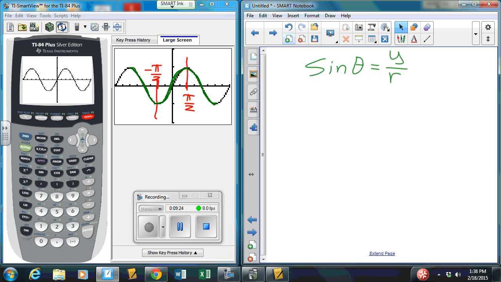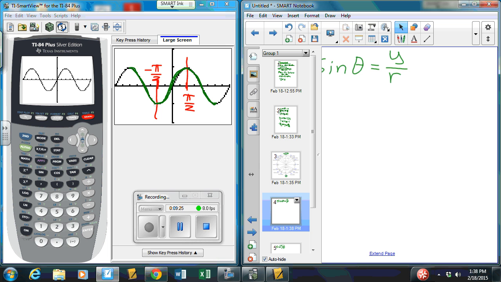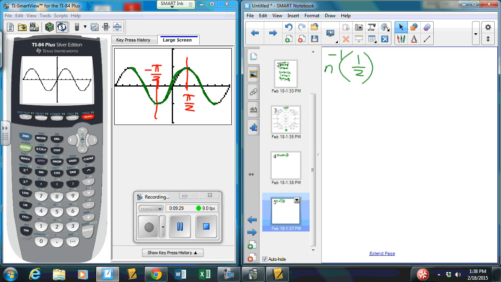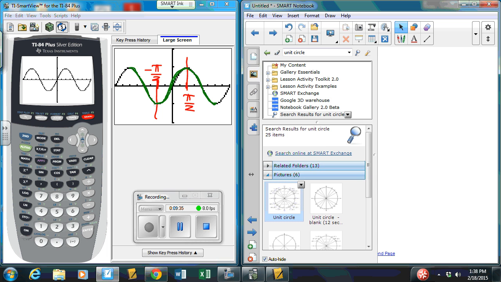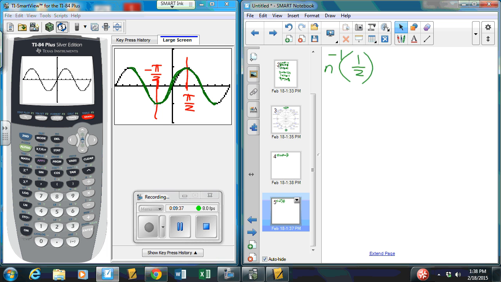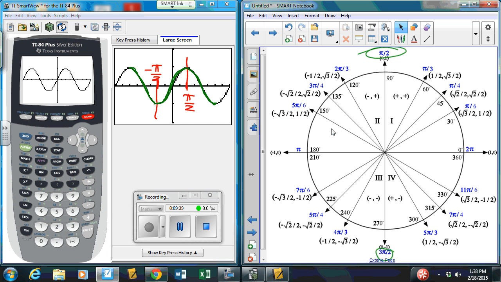So for the sine inverse of 1/2, I look at this and find where the sine is 1/2.